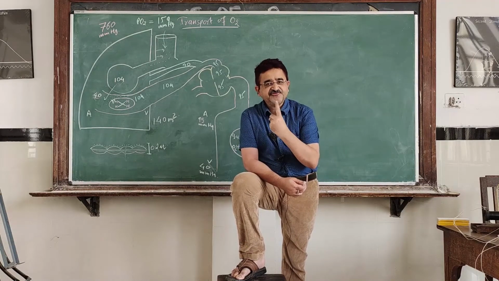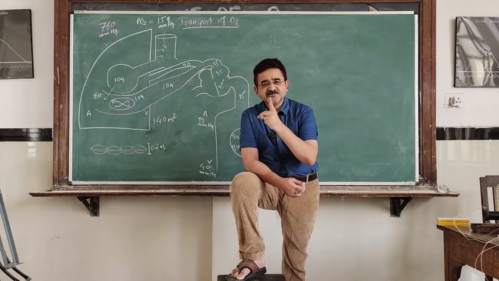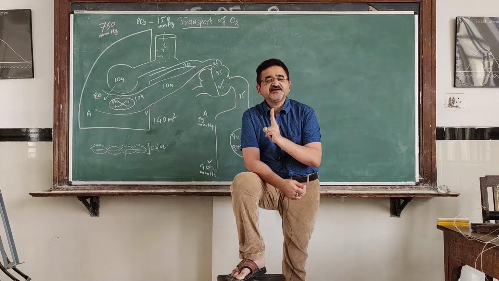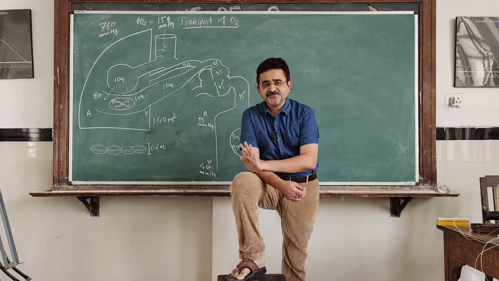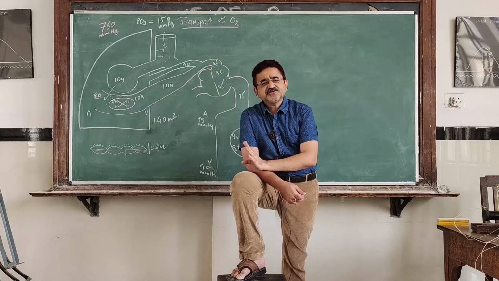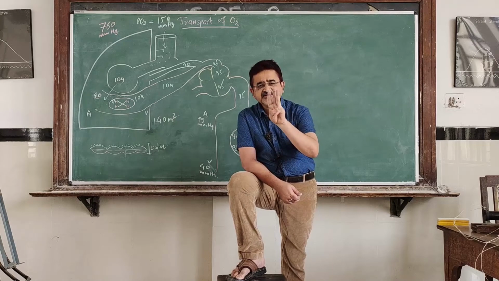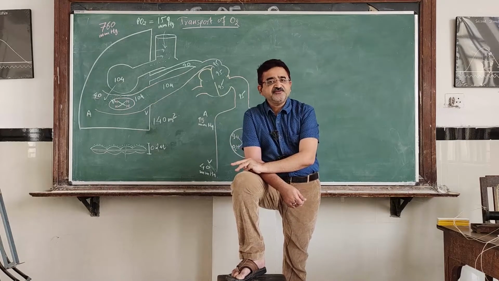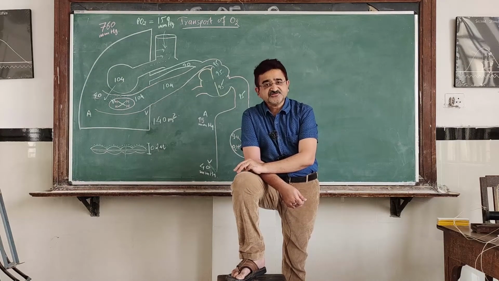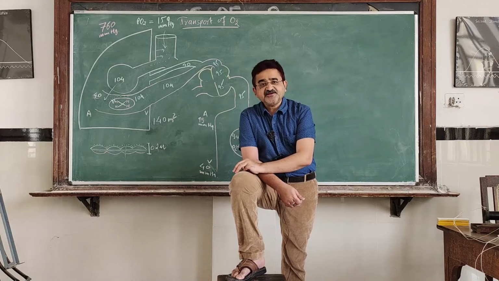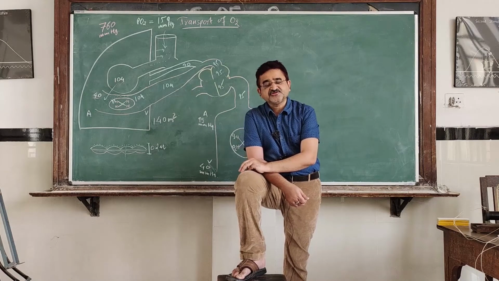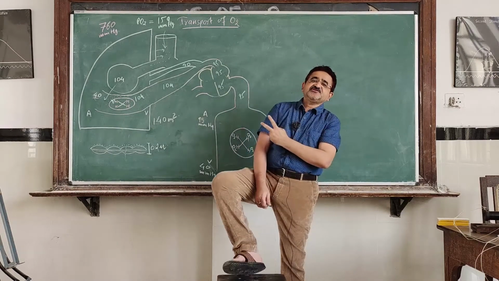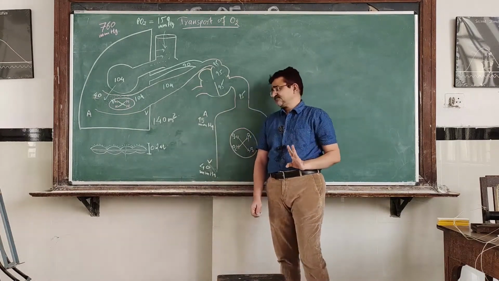Number one, the free form, dissolved in the plasma, and the second, bound to hemoglobin, in the form of oxyhemoglobin. In the dissolved form, it carries only 3% of oxygen, whereas the oxyhemoglobin carries 97% of oxygen to the tissues. So this is about the two forms in which oxygen is transported.